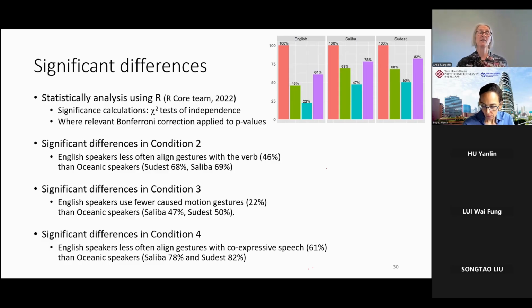We also find significant differences in condition 3, which means the English speakers used fewer gestures that express caused motion than Oceanic speakers. I won't have time to get into this, but this clearly correlates with the semantics of the verbs that these languages typically use. And in condition 4, English speakers less often align their gestures with co-expressive speech than the Oceanic speakers, but the difference here is not quite as strong.